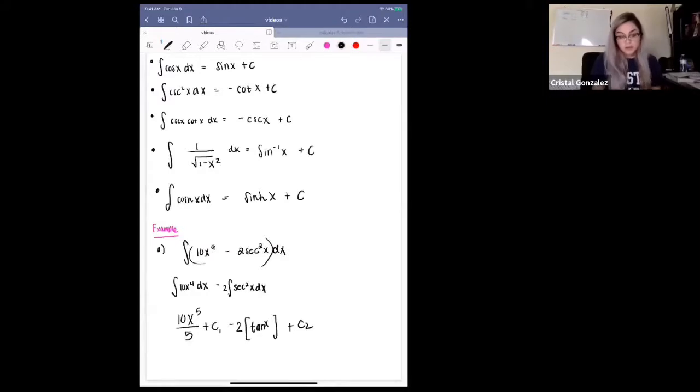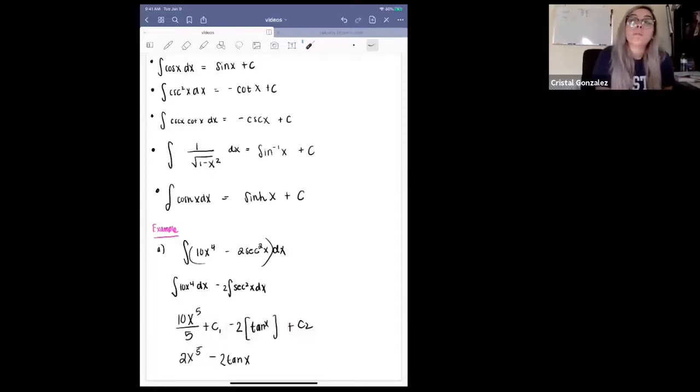So now if we simplify, this first term will just be 2x to the 5th, and then I'm going to write 2 times tangent x here. And now the reason you actually don't have to write C1 plus another C2 for these is because if I add C1 and C2 together, they're like terms because they're both constants, correct?